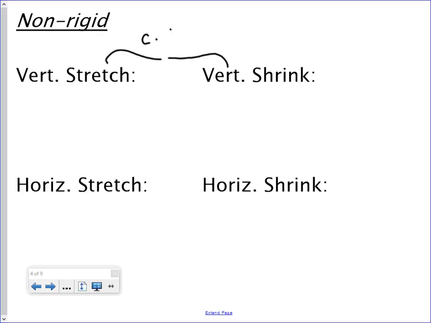So that's our c times f of x. Whereas a horizontal stretch or shrink is going to be f of c times x inside, so that you multiply the x. If you want to stretch something out horizontally or shrink it horizontally, you're going to multiply inside, so that you're multiplying the x variable, not the y.